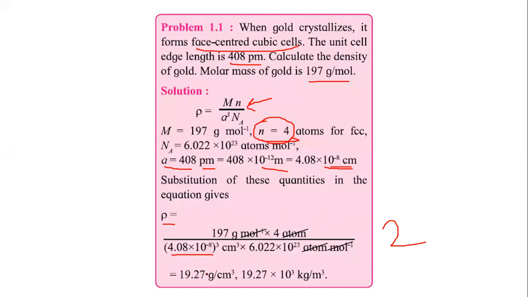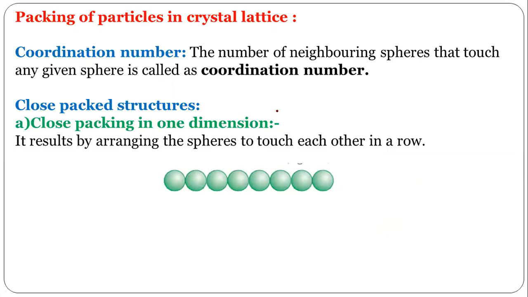Go through the log table and we will get 19.27 grams per cm cube, or you can write it in kilogram per meter cube. Both the answers are correct. This is a numerical for 3 marks, and this numerical will be asked for 3 marks in the board examination.